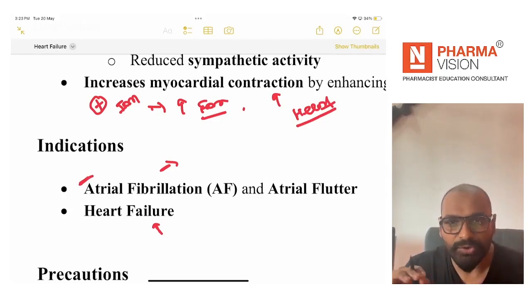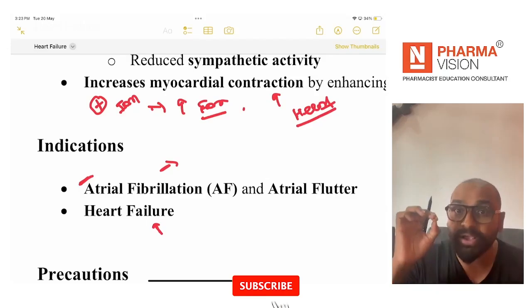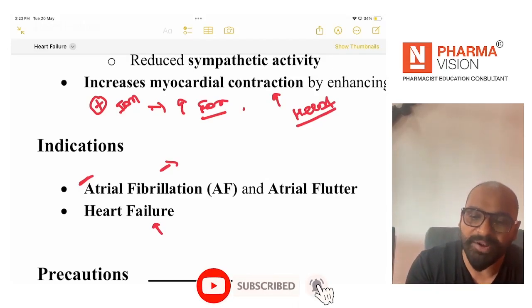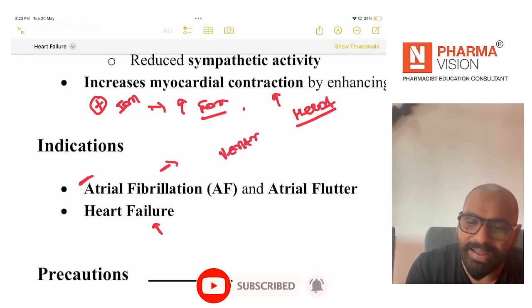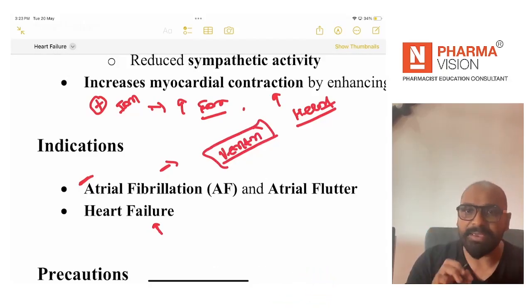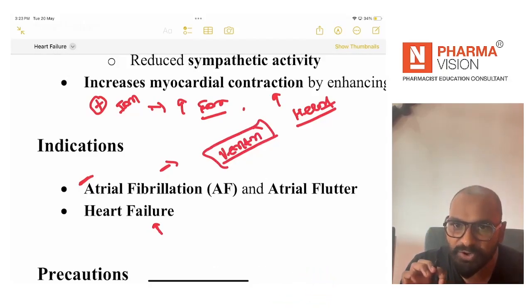The most important question you can expect in your examination is that Digoxin can cause arrhythmia. What kind of arrhythmia can it cause? Ventricular arrhythmia. This is a very important side effect associated with Digoxin.